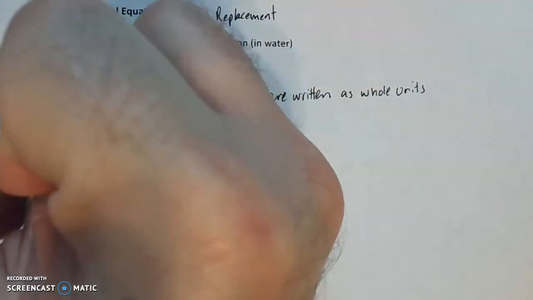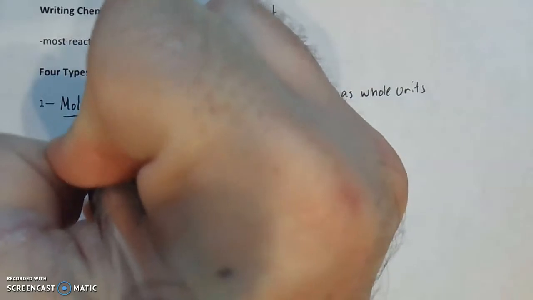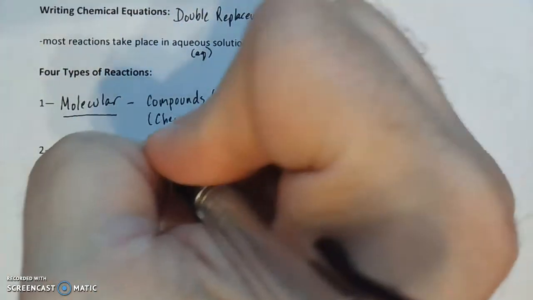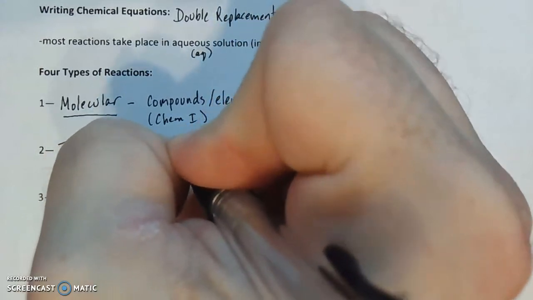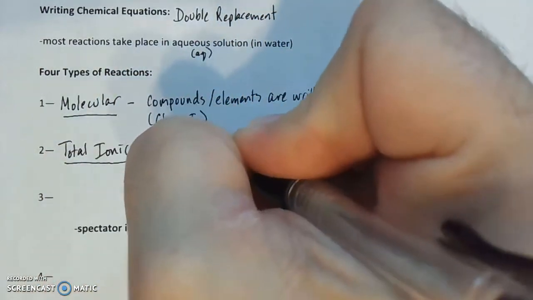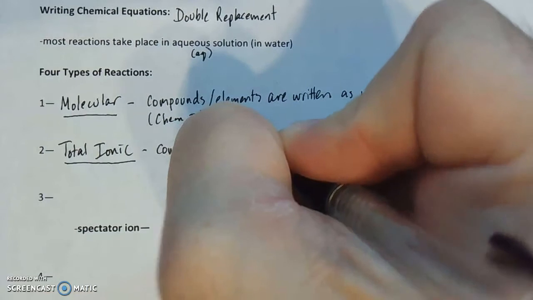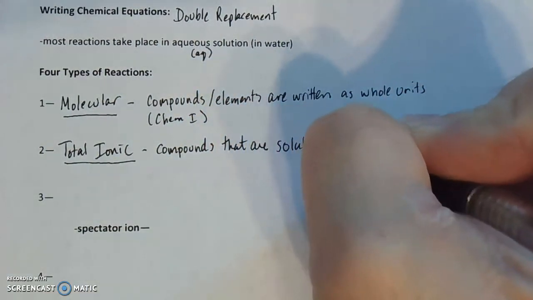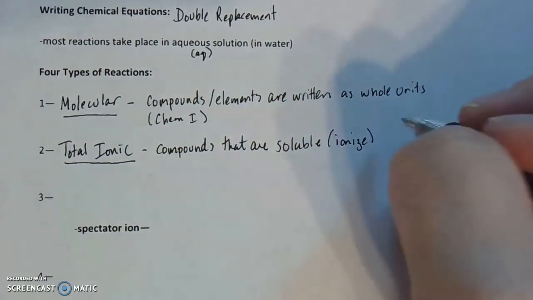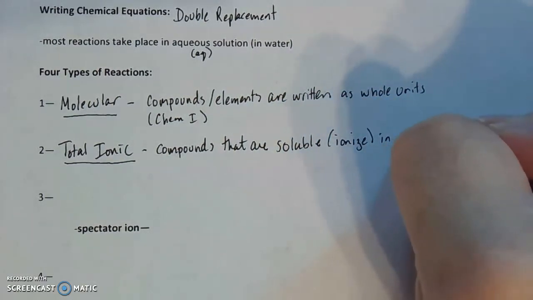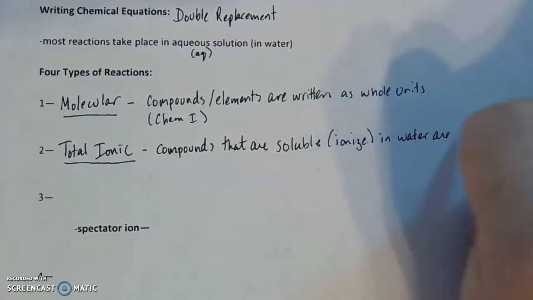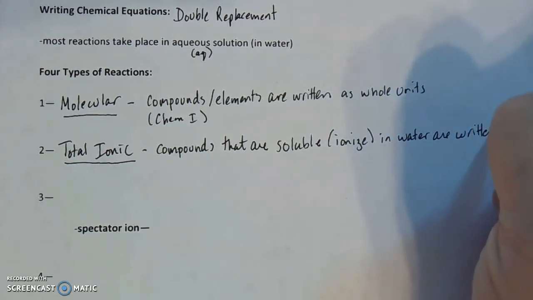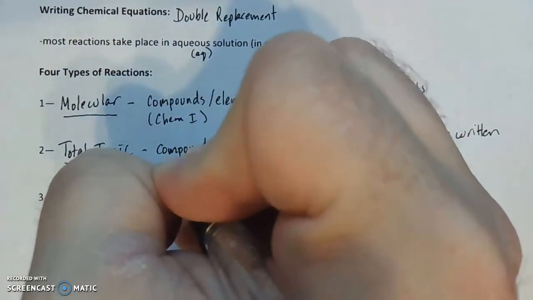The next one, and we'll be talking about this one and learning how to do it, is called a total ionic reaction. So in this one, compounds that are soluble, or we're going to say ionize in water, are written as ions.